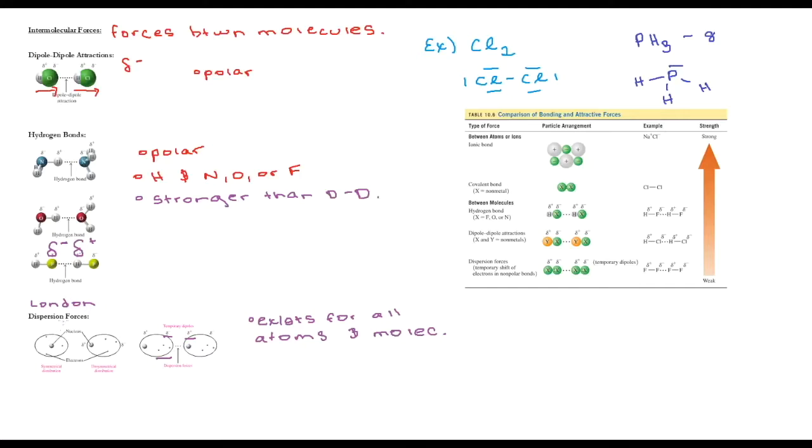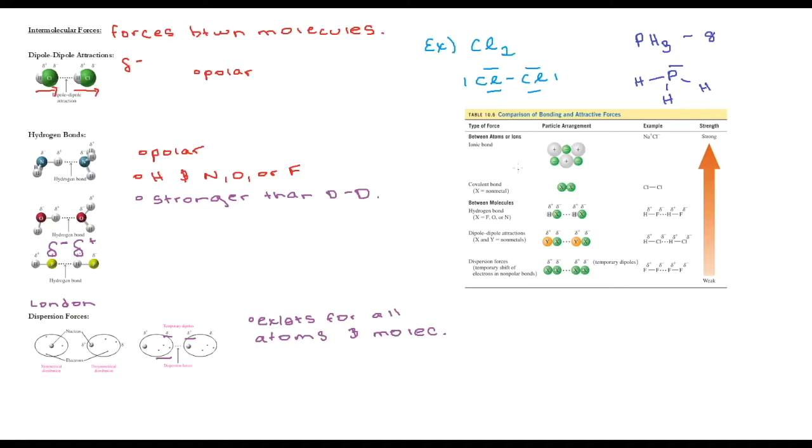Keep in mind it does have London dispersion forces, but that's not going to be the strongest. Looking at this, I want to say hydrogen bonding because there's a hydrogen here. However, because I don't have oxygen, nitrogen, or fluorine here, I cannot have hydrogen bonding. Therefore, this is going to be dipole-dipole attractions being your strongest intermolecular force.